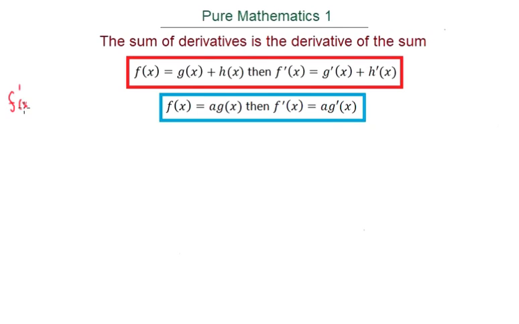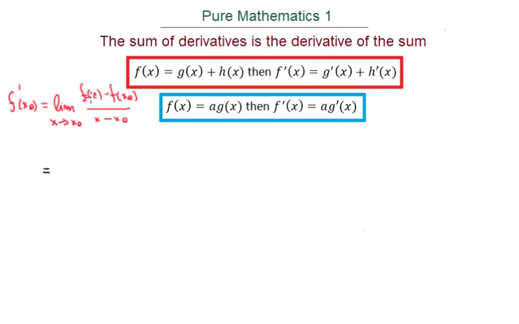F dashed of x0, the derivative of f when x equals x0, was actually the limit when x tends to x0 of f of x minus f of x0 over x minus x0. We will use this to prove our first formula.